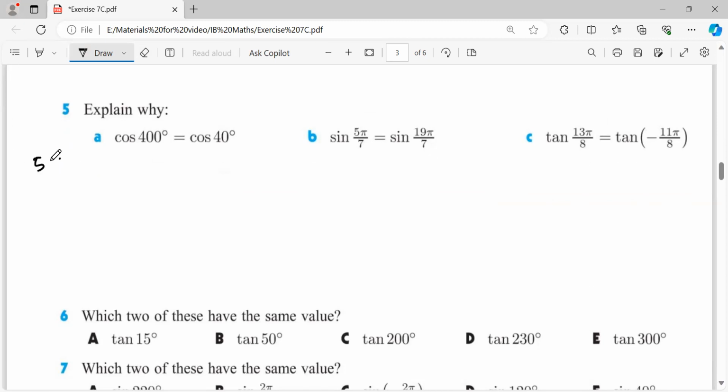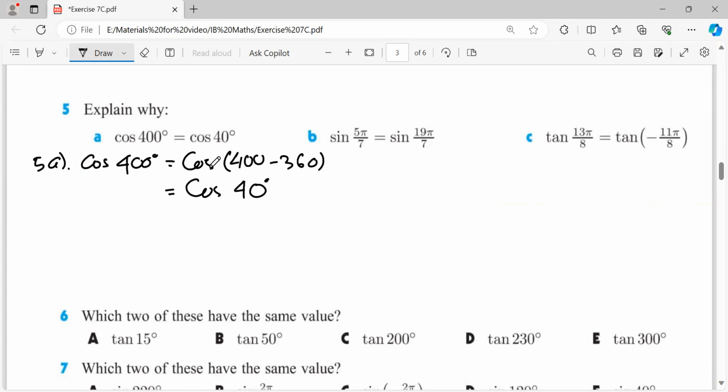Part A. Cosine 400 equals cosine of 400 minus 360, and it becomes cosine 40.